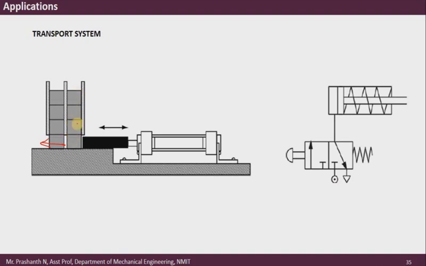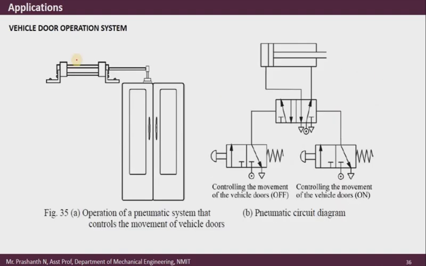It is a gravity feed, so in the next stroke, when the piston pushes again, more components can be transferred to the conveyors. So this is a simple direct actuation control of single acting cylinders. If you press the button here, the piston will extend. Similarly, you will find a lot of applications.